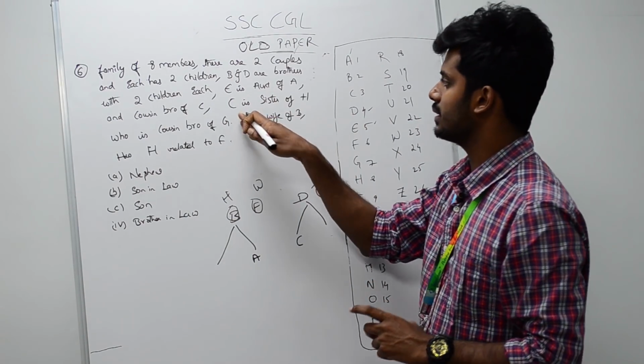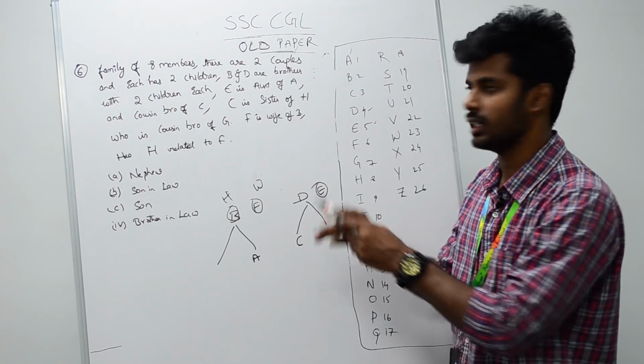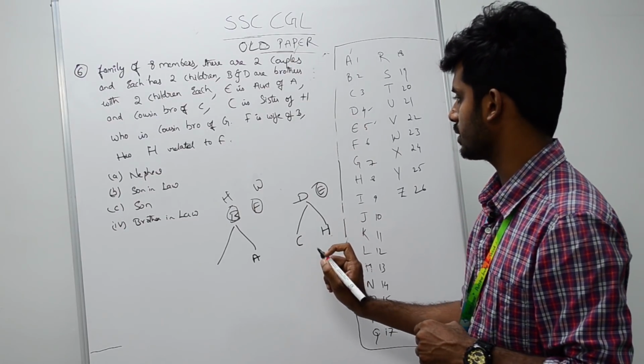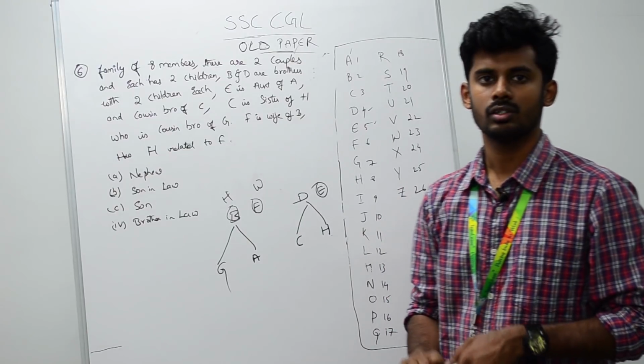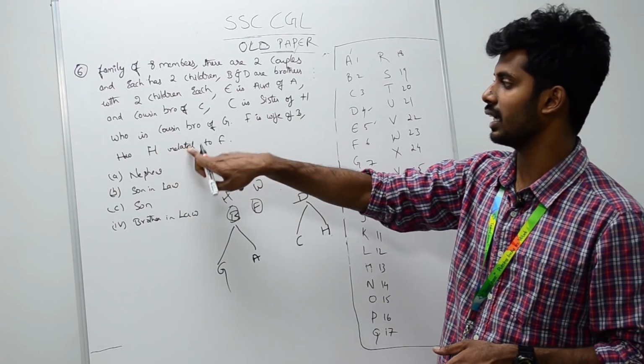Next, C is sister of H. So it should be from the same family. So H will come here, and the leftover person is G, who will come here. So now the relation they are asking is, how is H related to F.